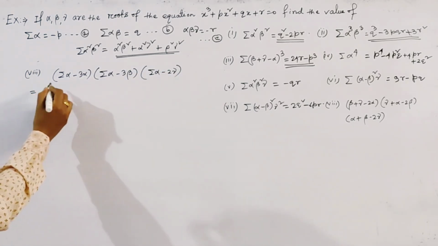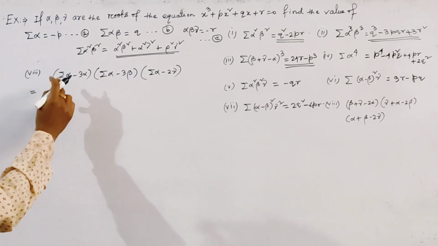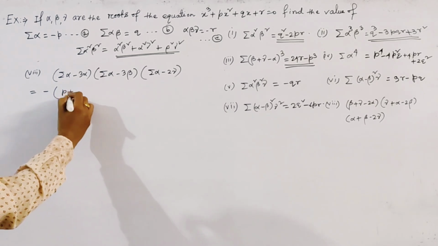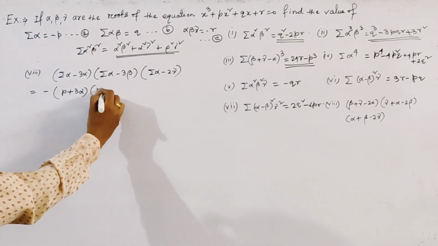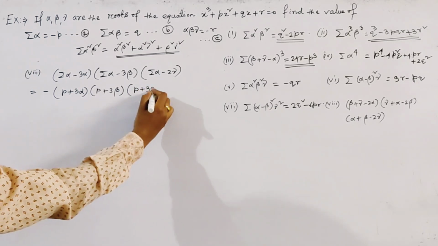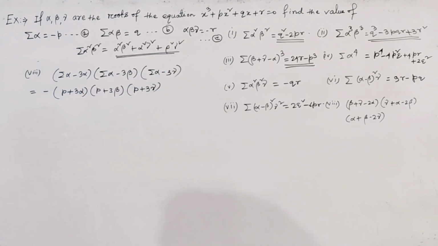Right? So we put here summation alpha means minus p, and taking minus from each of them, so we get minus p plus 3 alpha into p plus 3 beta into p plus 3 gamma.